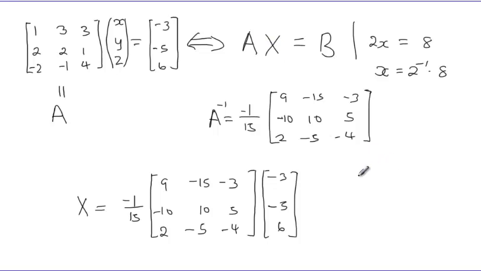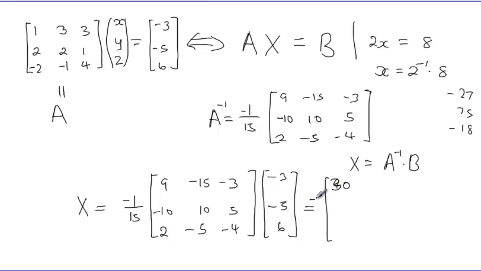Now here we're just saying x equals A inverse multiplied by b. So let's multiply this now. We're going to get minus 27 there, and 75, and minus 18. What does that give us? 30.